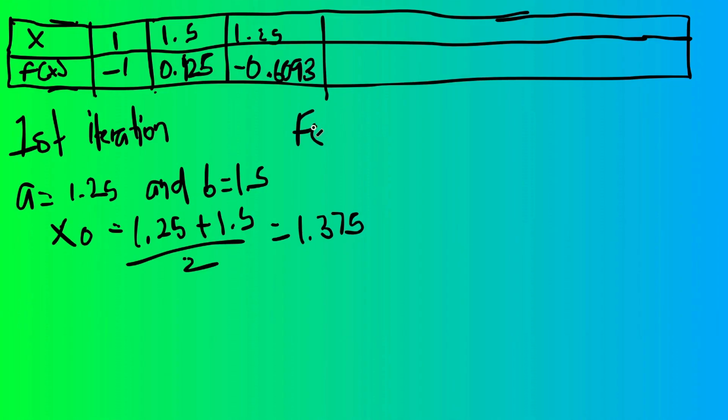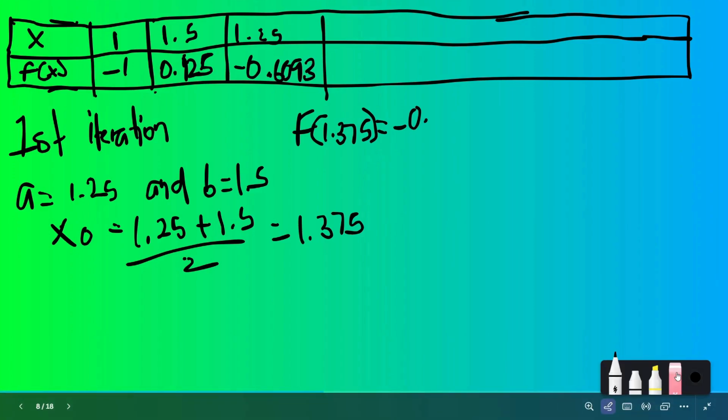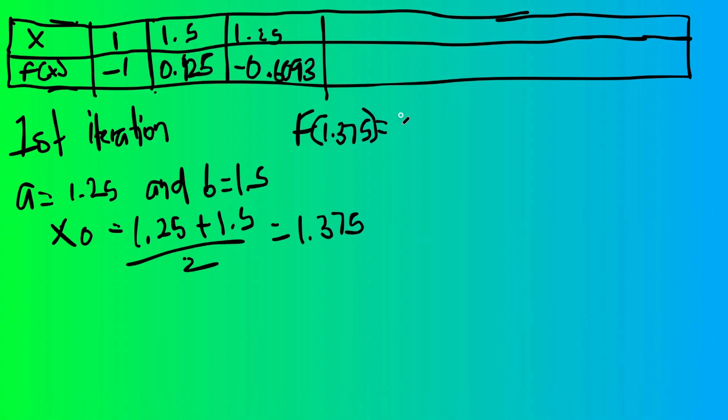So f of 1.375 equals, so negative 0. Okay, very simple. So if you can't understand, let me do it: 1.375 cubed minus 1.375 squared minus 1, how much?